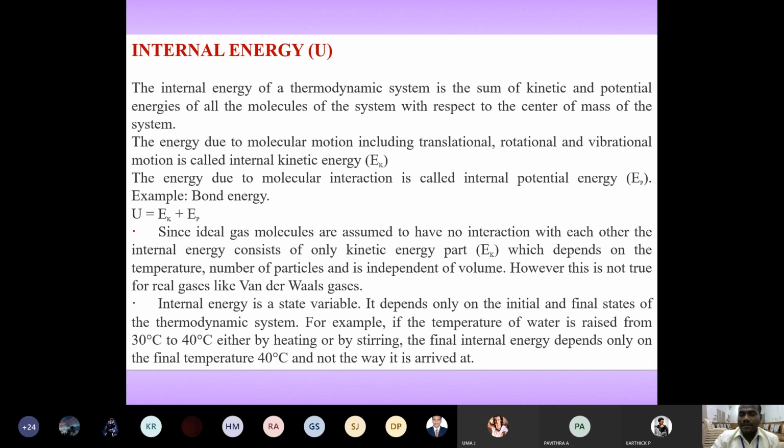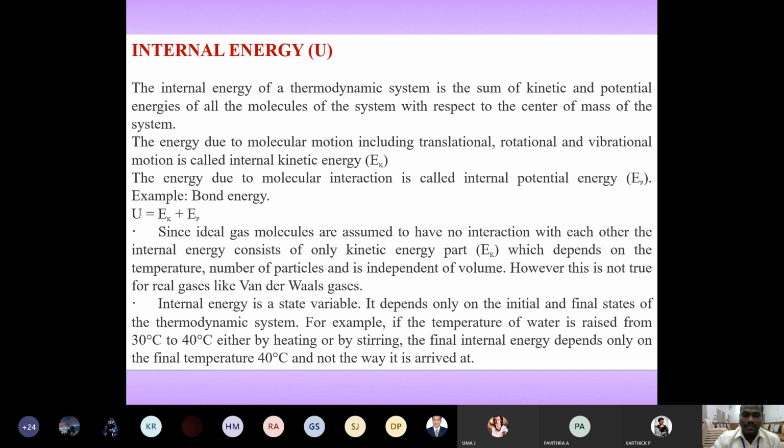For example, if the temperature of water is raised from 30 degrees Celsius to 40 degrees Celsius, right? Either by heating or by stirring. So assume this one as an example. So you have water, and we want to increase temperature from 30 degrees Celsius to 40 degrees Celsius. How can we increase? By heating or by stirring, right? The final internal energy depends only on the final temperature, 40 degrees Celsius, and not on the way it is arrived at, right?